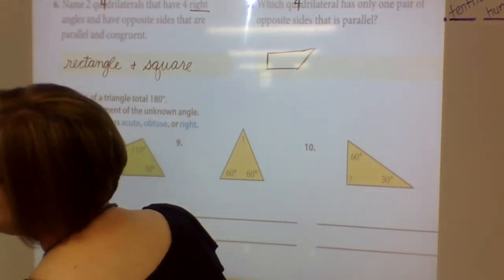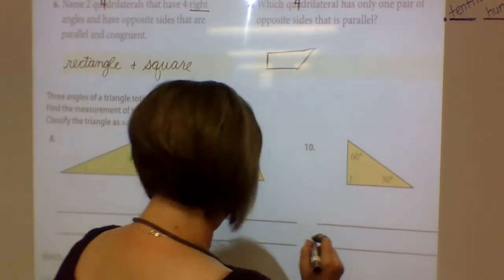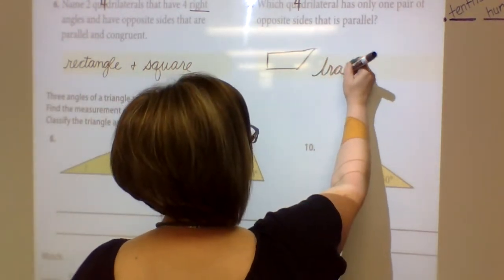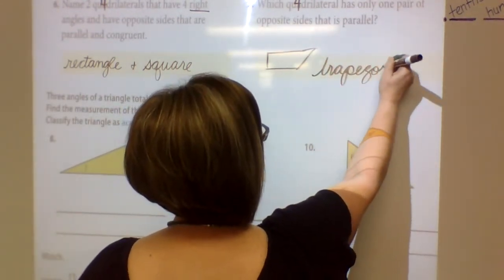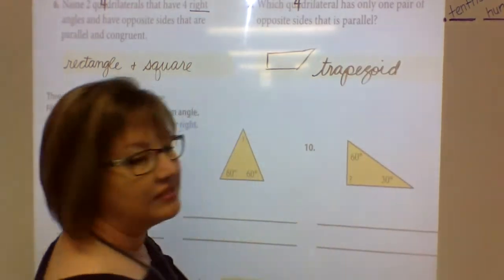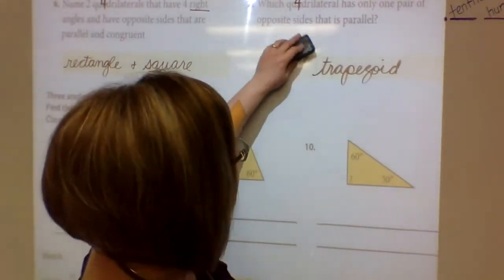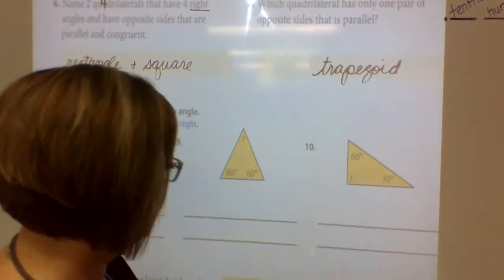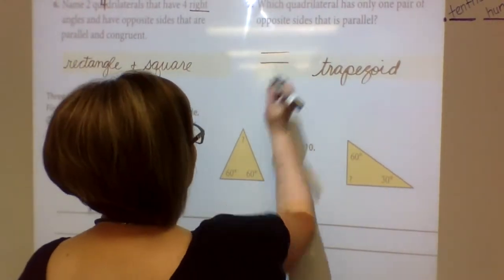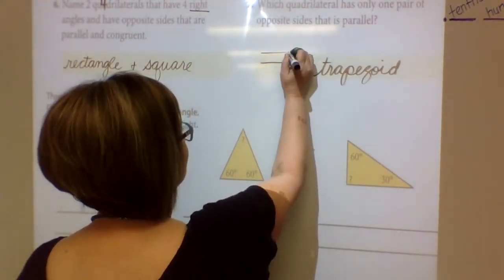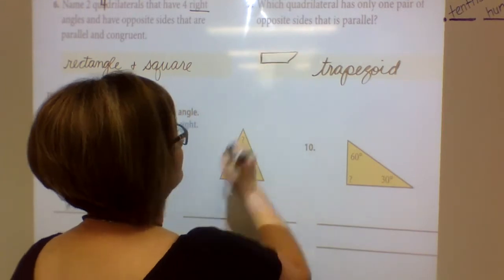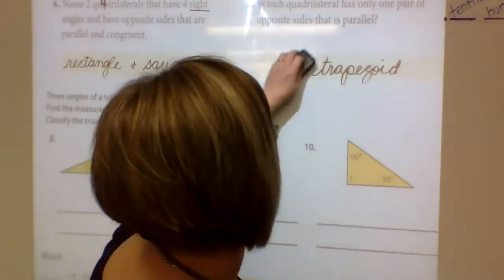He's just a little different, isn't he? He's a trapezoid. He still has 2 sides that are parallel, but the other 2 sides are different.